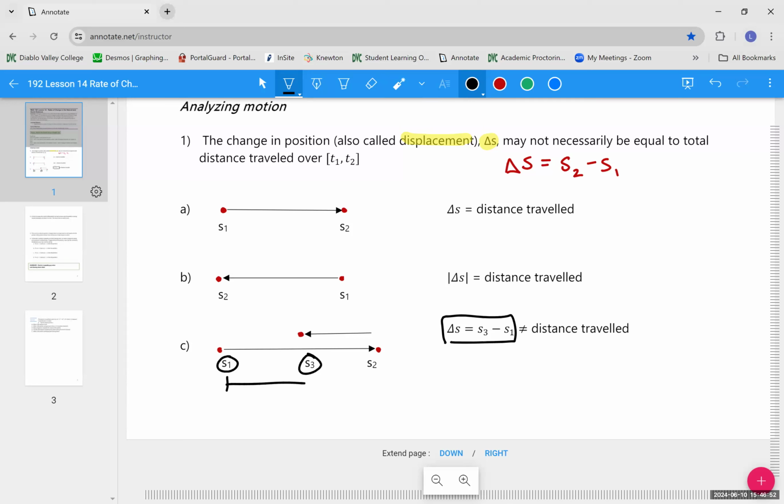So it would just basically be this length right here, and it would be positive because it did move in the positive direction. But obviously the distance traveled is not going to be that. The distance traveled is going to be the length of this line plus the length of this line. So they're not even close. So I just want you to be aware, first and foremost, of the differences between displacement and distance traveled.